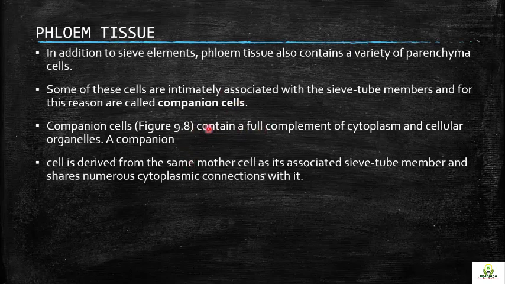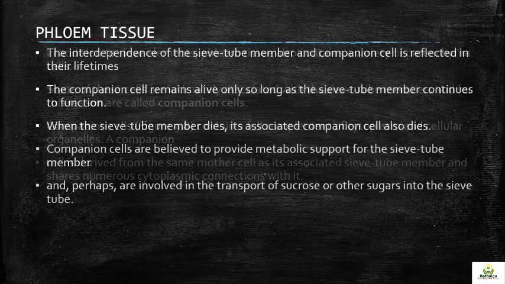In contrast to the sieve tube element, they also contain a full complement of cytoplasm and cellular organelles. As there is no nucleus and other organelles in the sieve tube element, the parenchyma cells have a full complement of cytoplasm, the nucleus, and the other organelles required for proper cell functioning.